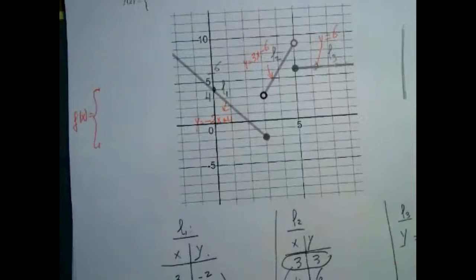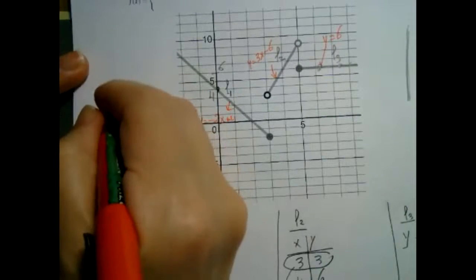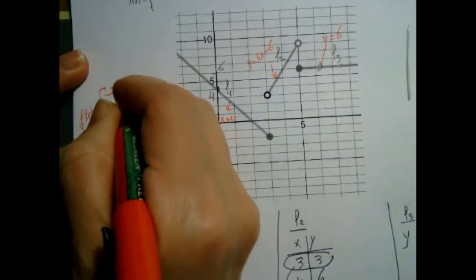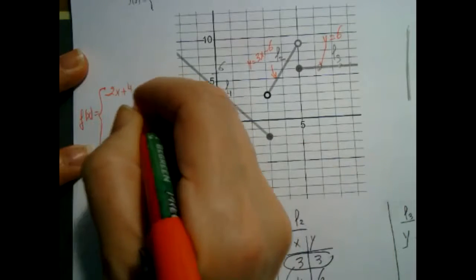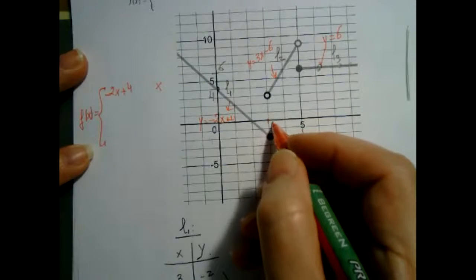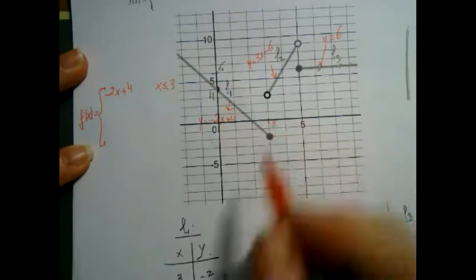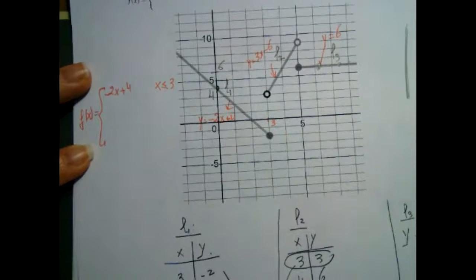All right. I have to start. So minus 2x plus 4, when x is less or equal to 3. That's my rule.